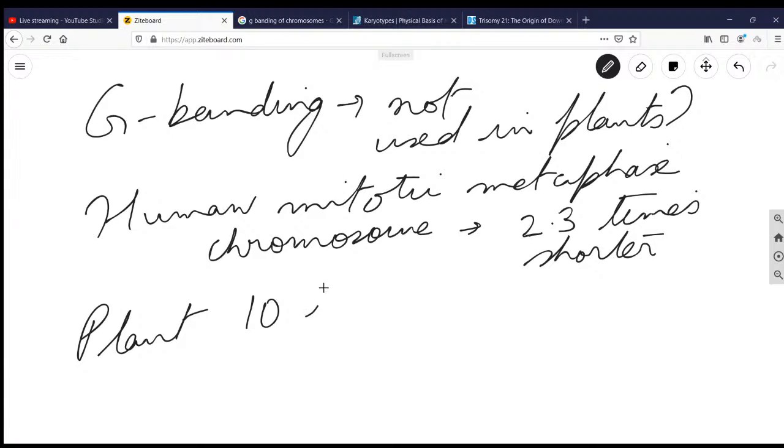Ten times shorter compared to the human counterpart.